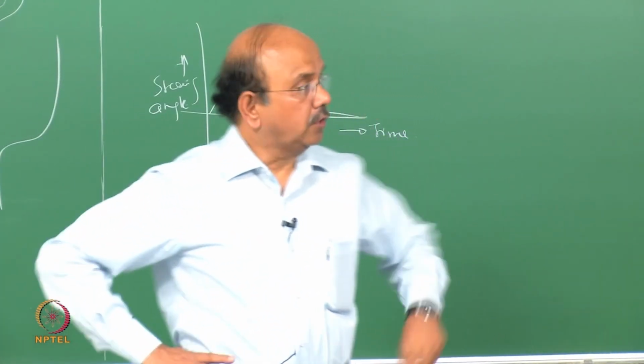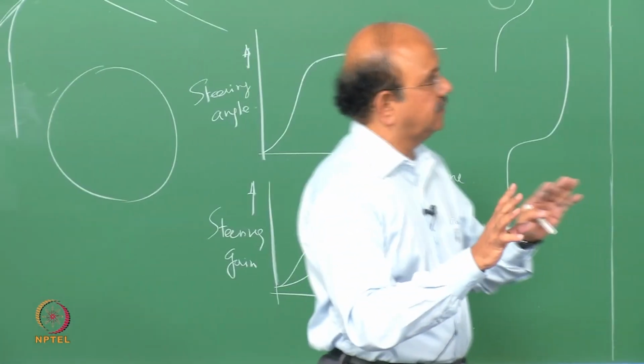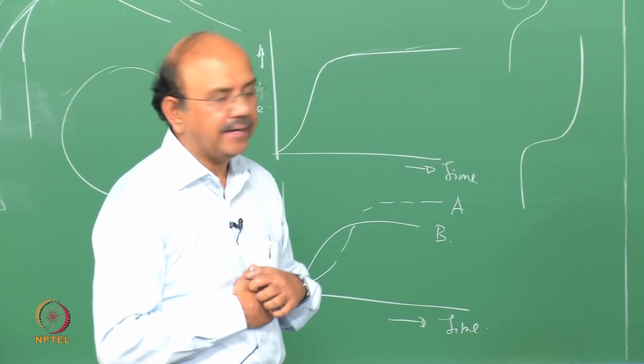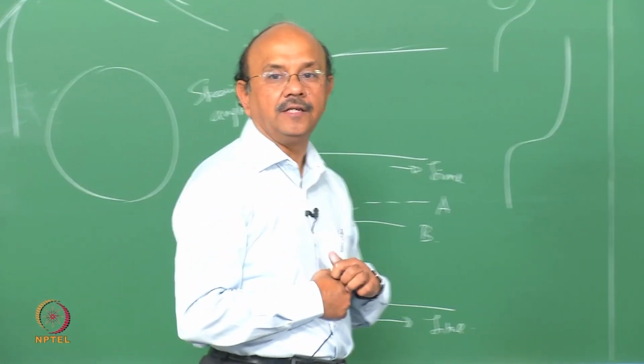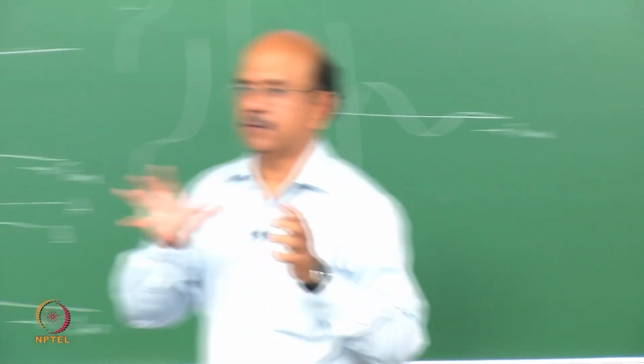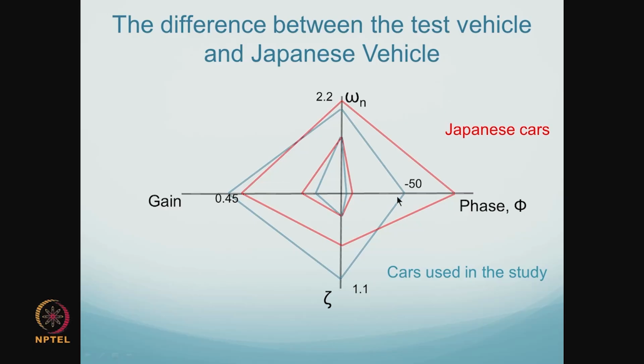Remember that there were cars tested by Memuro, and the red line indicates the range. In other words, all the Japanese cars tested by Memuro were between those 2 red lines. This is the least and that is the biggest.